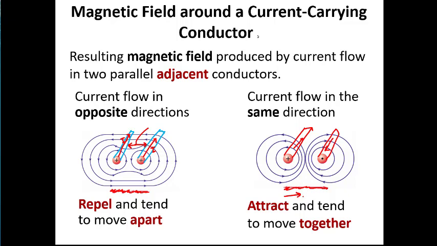These two are going to be attracted, and they're going to try to draw each other closer together. So anytime we have electric charge moving, it's going to create a magnetic field. And depending on the direction of the current flow, it's going to create a north and south pole that's either going to attract or repel the conductors near it.